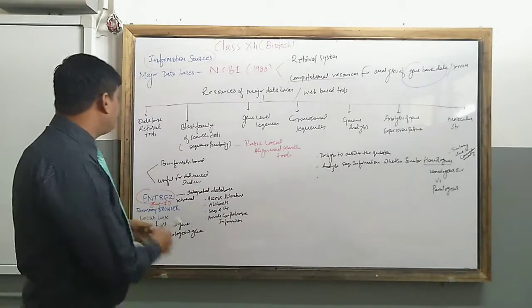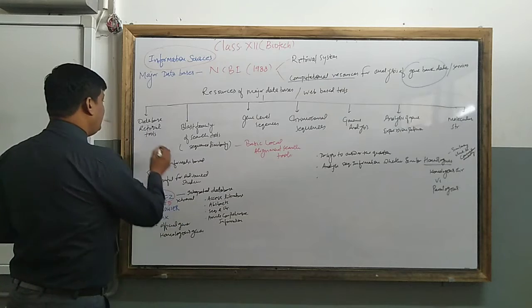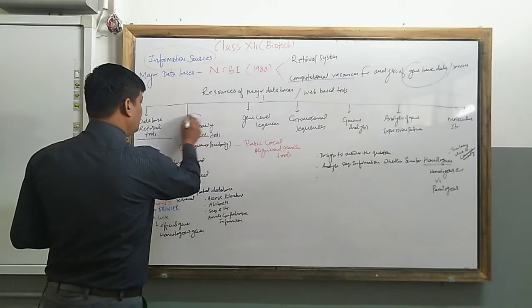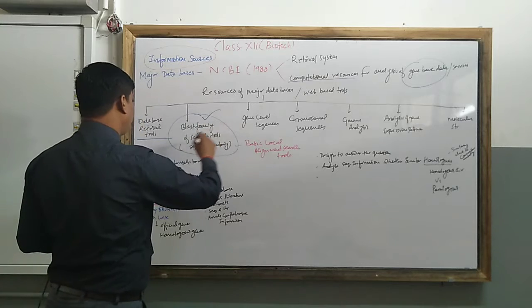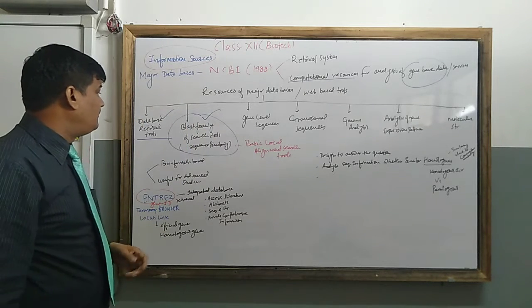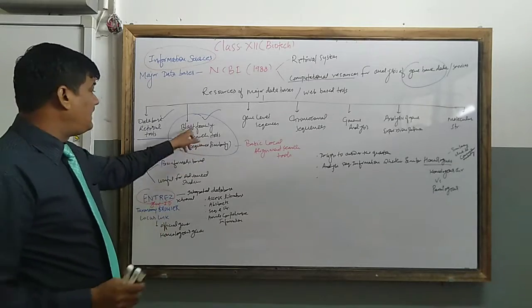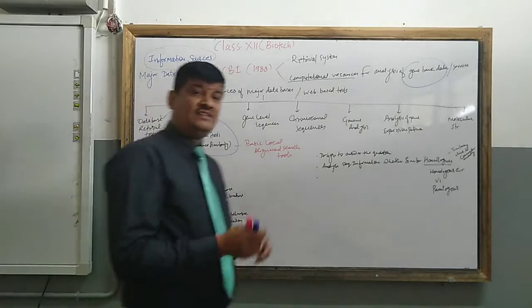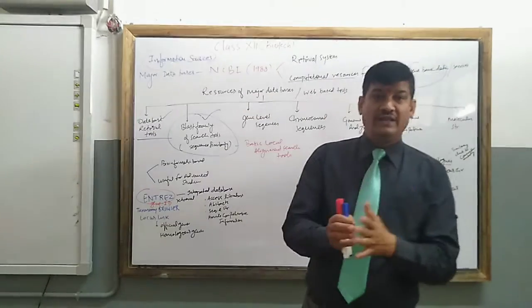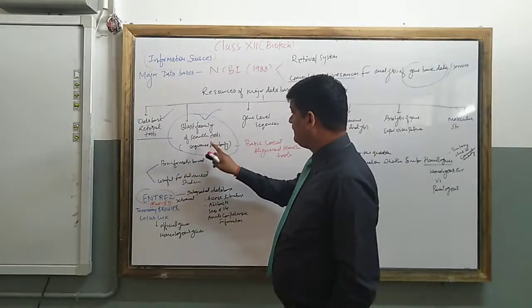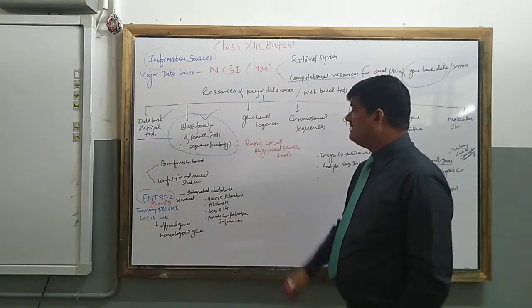The first is the database retrieval tools, the second is the BLAST family of search tools, which is very important. The BLAST family is used for sequencing the gene or DNA, to see whether it is similar or dissimilar. Now third is gene level sequencing.